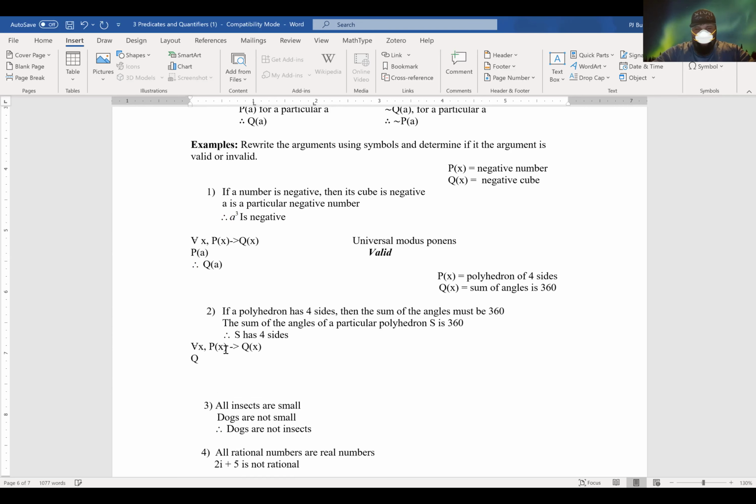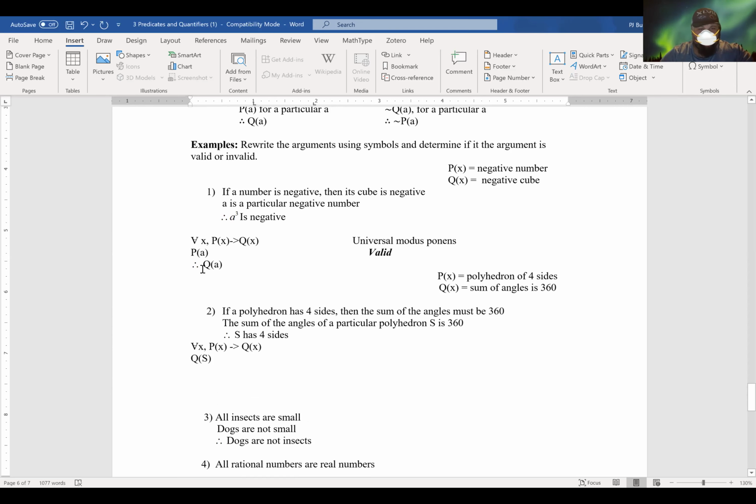So that is Q of S. And then the last part, therefore, S has four sides. Now that is the P function, right? Polyhedron of four sides of a particular thing, S.